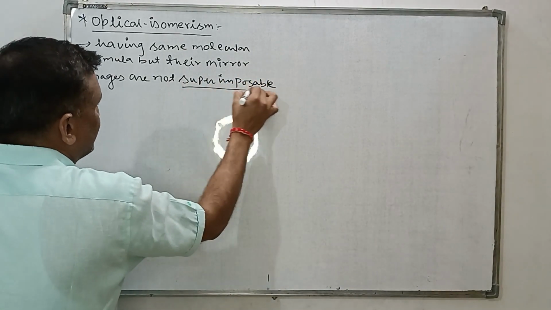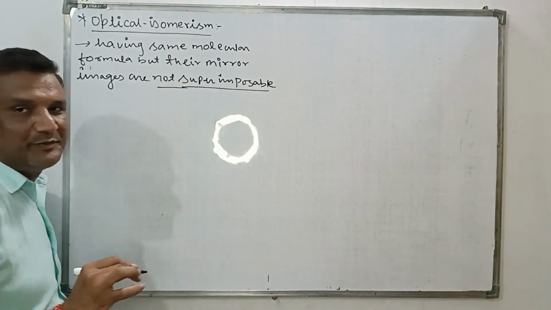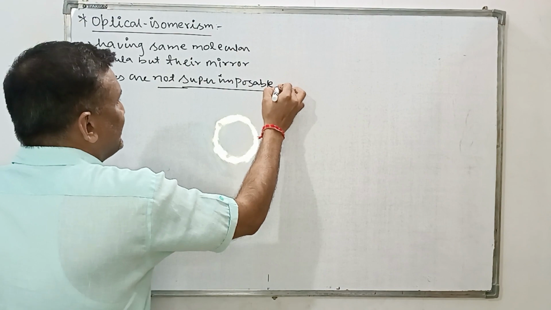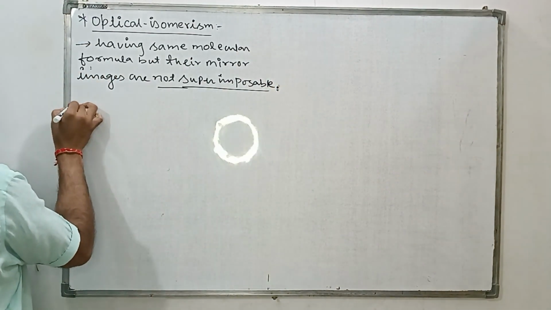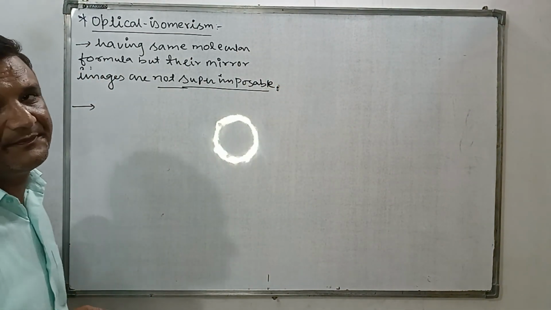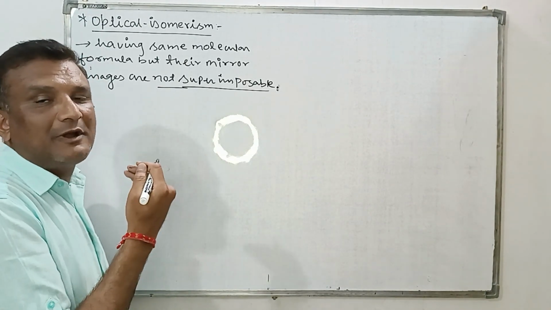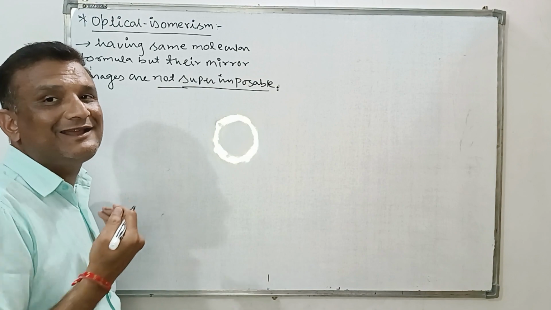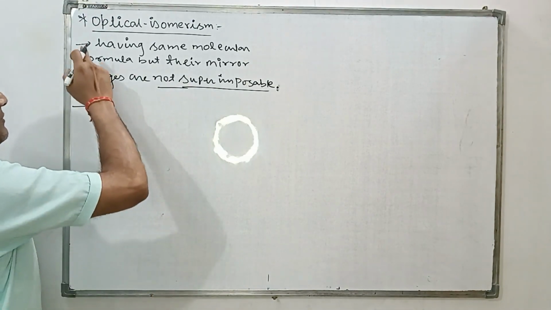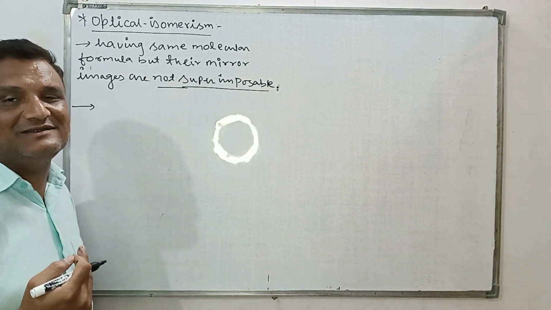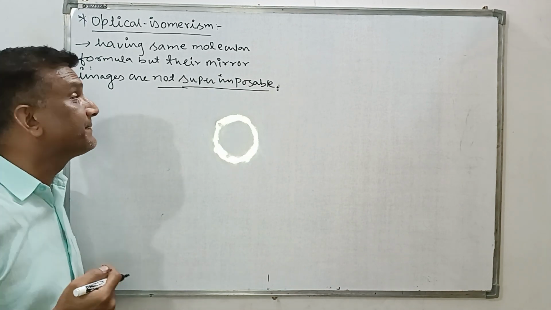This is the best word, non-superimposable, called optical isomers, and the phenomenon is called optical isomerism. Listen to me carefully, students, because it's a very important topic regarding organic chemistry also. So optical isomerism means having same molecular formula but their mirror images are not superimposable.